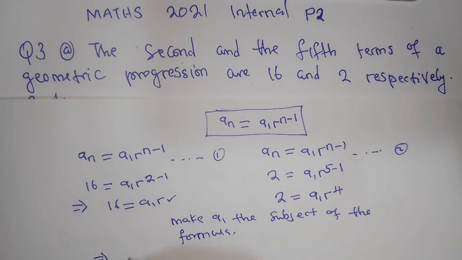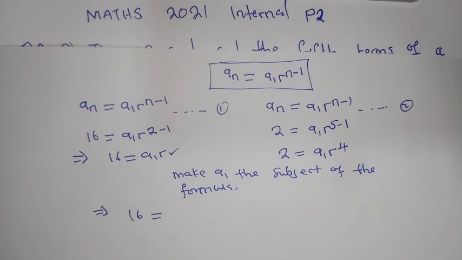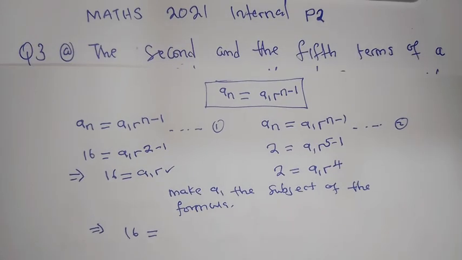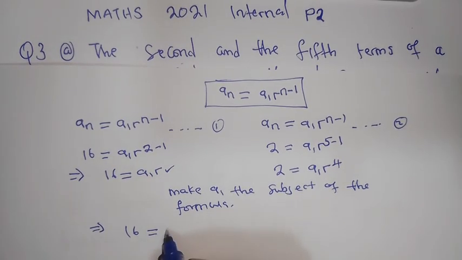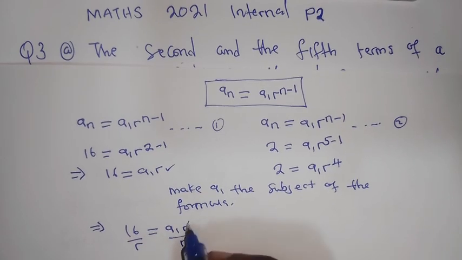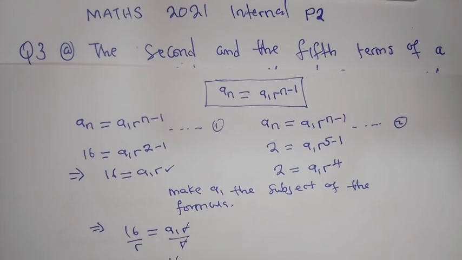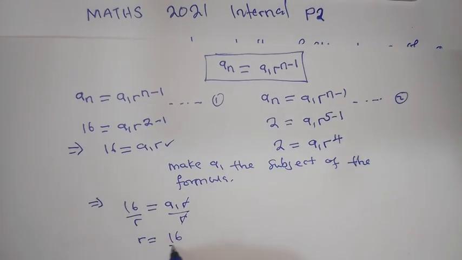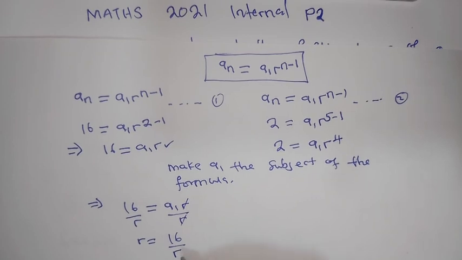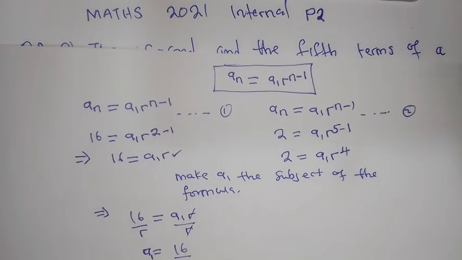So this is going to be 16 is equal to a1 multiplied by r. So we divide both sides by r, we are making a1 the subject. So this goes, this goes. So this will be a1 equals 16 divided by r.